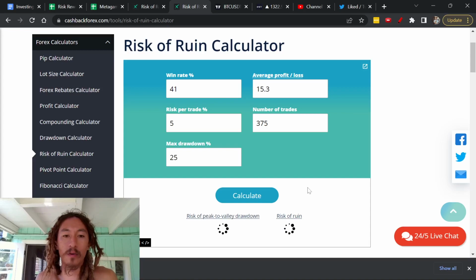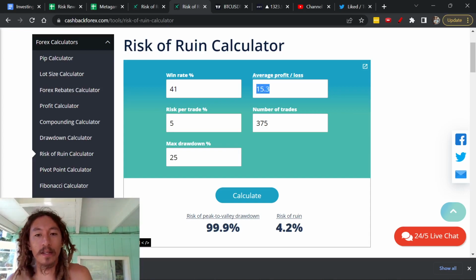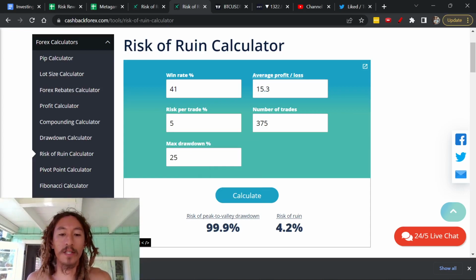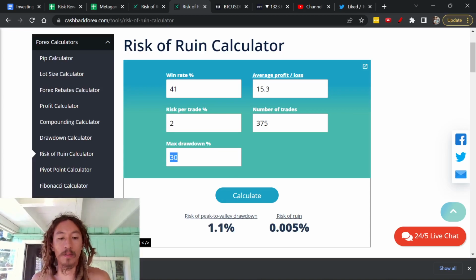I don't want to draw down more than 25%. If I risk 5% on the 41% win rate, even with a 15.3 risk reward, there's a 99.9% chance I draw down 25%. I really can't risk more than like 2%. 2% could be okay.